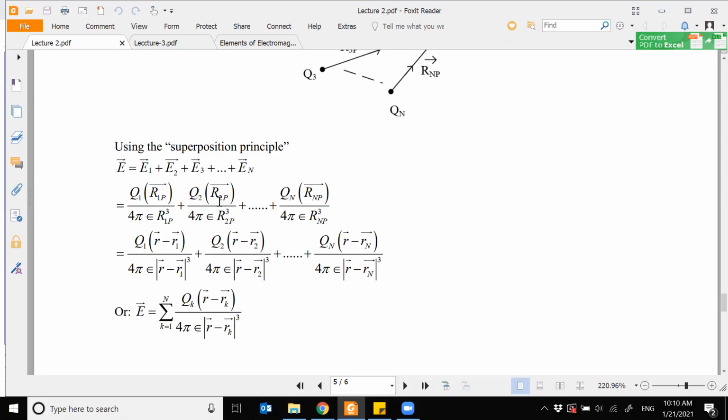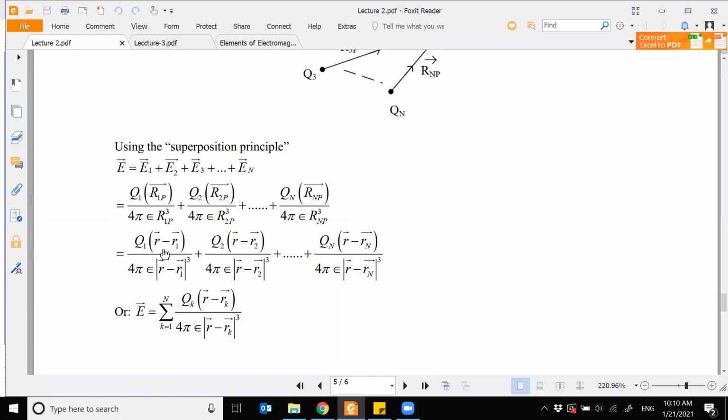Similarly, we do it for E2 and so on to En, and then we can replace this with position vectors. We have just now done it. So the distance vector is nothing but the position vector R minus R1.